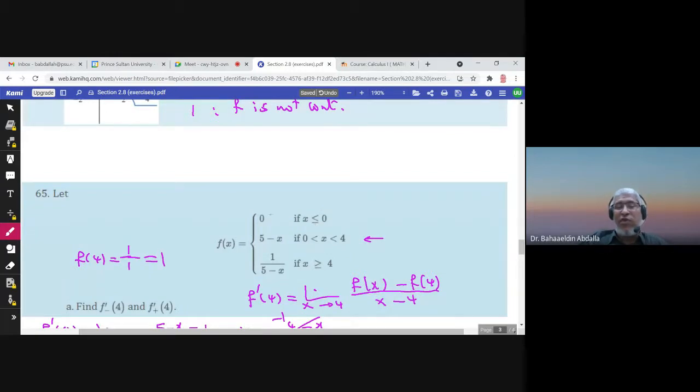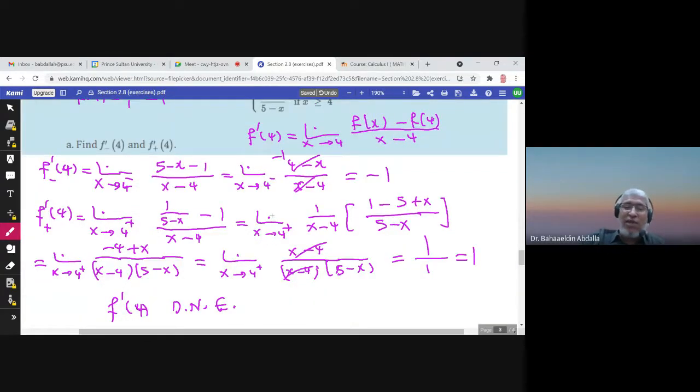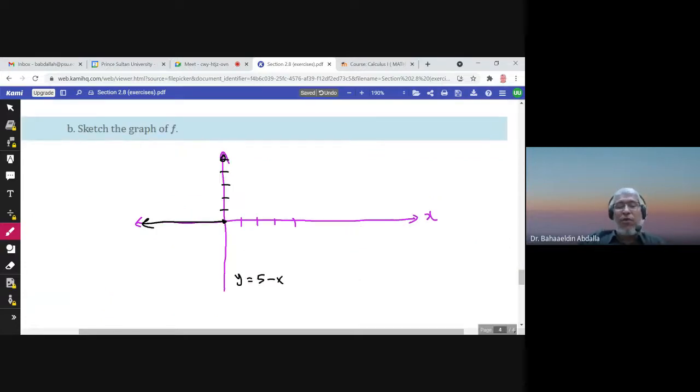So f of 0 is 0, not 5. All right. And if I replace x by 4, 5 minus 4 is 1 here. And also I put an open circle, and this is the line connecting, excuse my graphing, these 2 points. So this is the graph of 5 minus x.